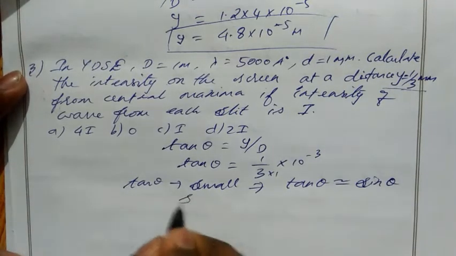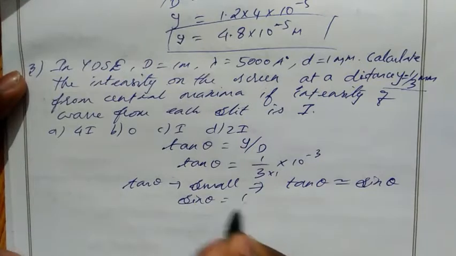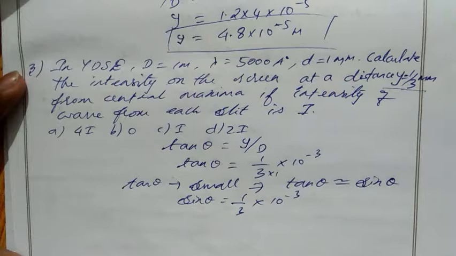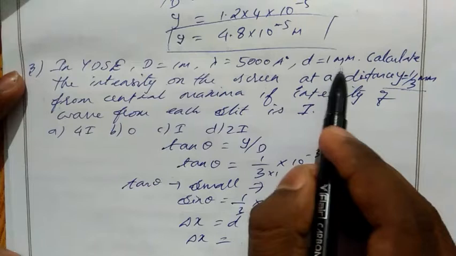So our sin theta value is 1 by 3 into 10 power minus 3. Then we know the path difference, del x equal to d sin theta. So del x equal to, what is the value of d? d is 1 millimeter.